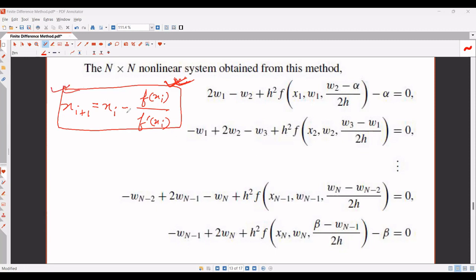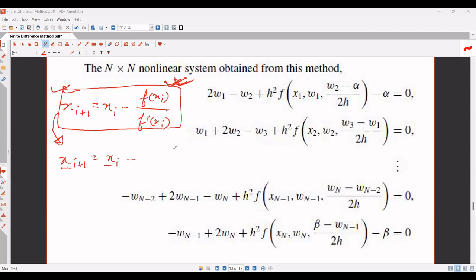The equation in this box is written for a single variable. What we can do is just look at this formula and generalize it by observation, and this is how we can do that. In our case, x i plus 1 is not a single variable, but a collection of variables, or in other words, a vector. So x i is going to be a vector as well.